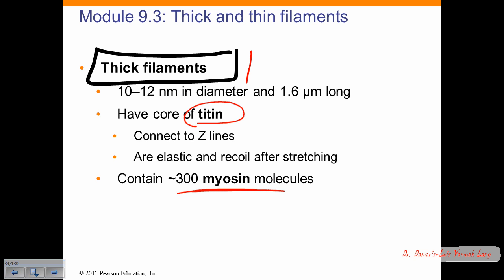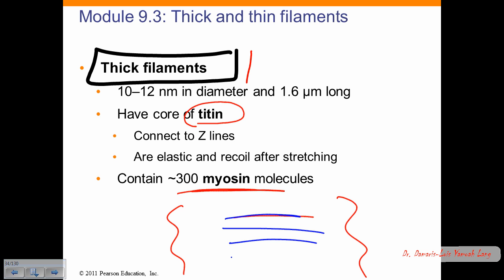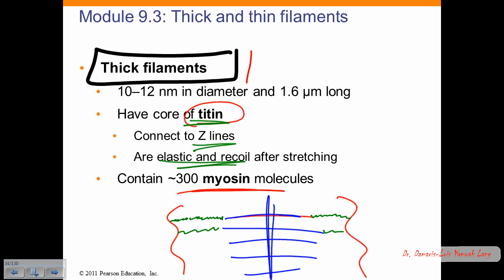If this is the Z line, and this is the myosin, suspended in the middle with the help of the M protein, we also have these springy-like proteins called titin that help to what? Connect the myosin to the Z line as well. They are like elastic and they can recoil and stretch.